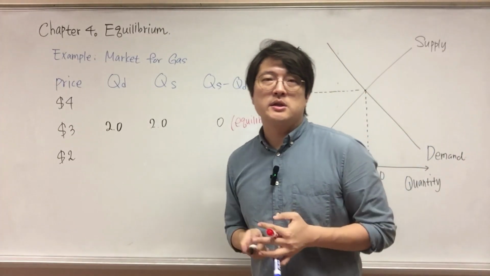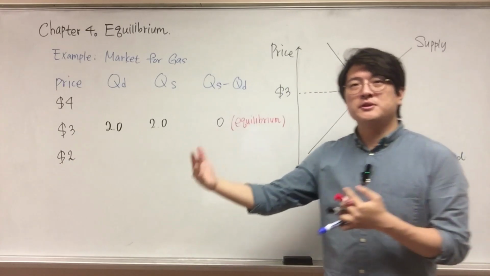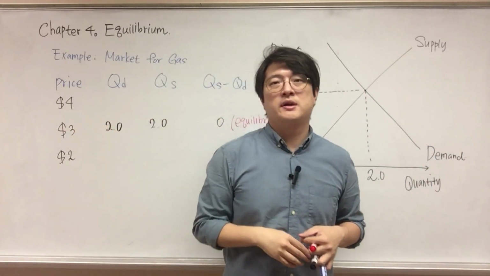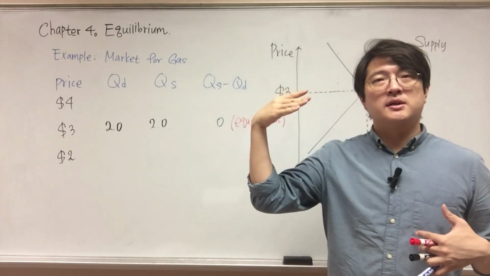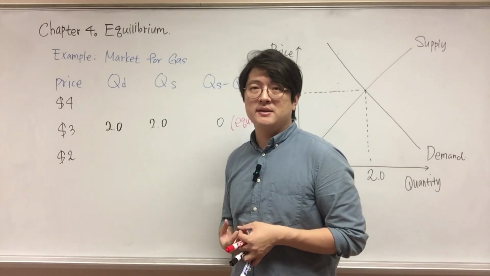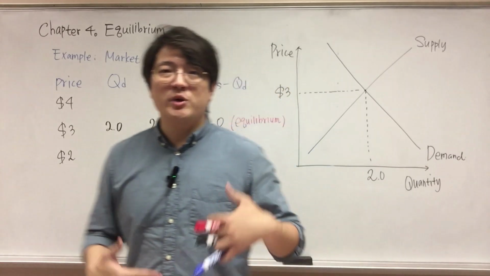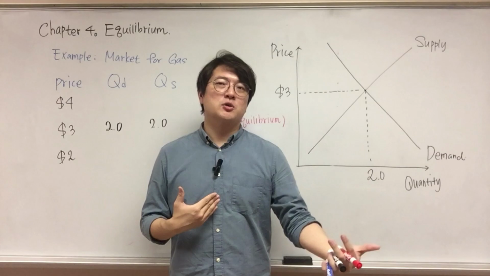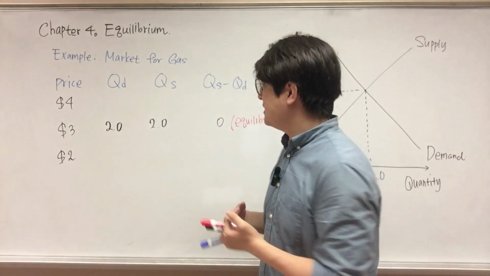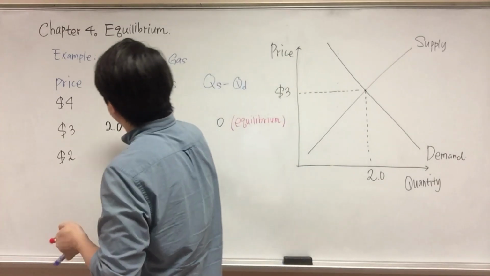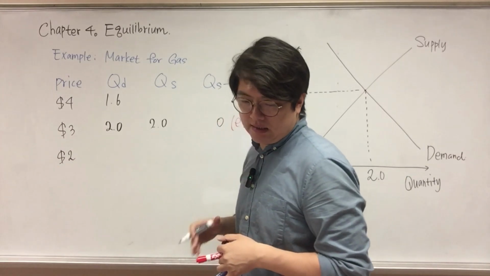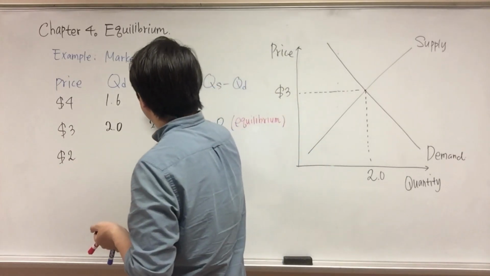Is it clear? So if the price increases to $4, what happens? If the price goes up, the quantity demanded will be reduced by the law of demand, and the quantity supplied will be increased by the law of supply, right? So say the quantity demanded is 1.6 and the quantity supplied is 2.5.